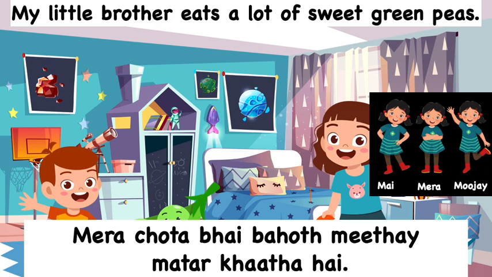Now, we changed मीठा to मीठे because our noun is green peas in that one. The मीठे belongs to the green peas. But we didn't change mera to mere because we're only talking about one brother. So you have to make sure you understand which adjective or pronoun modifies which noun.